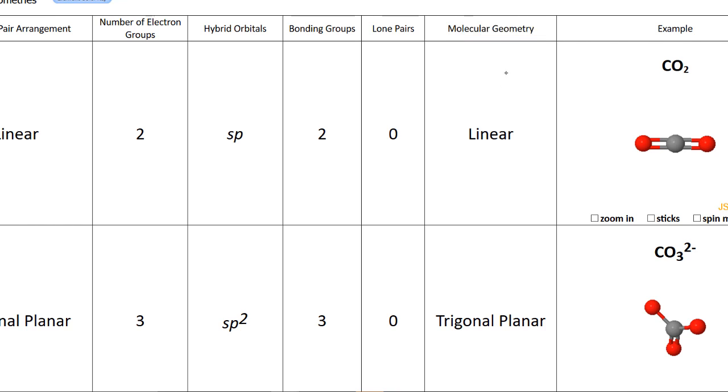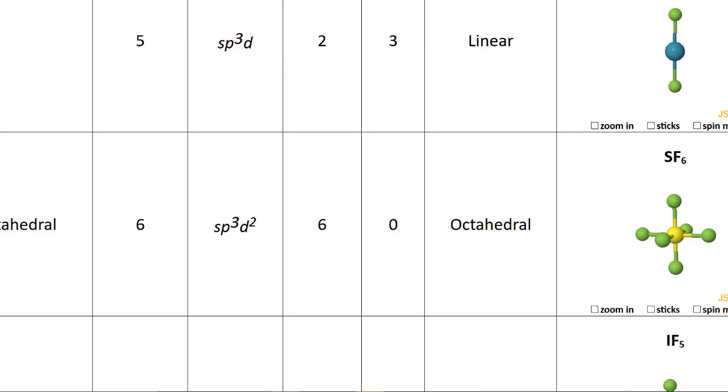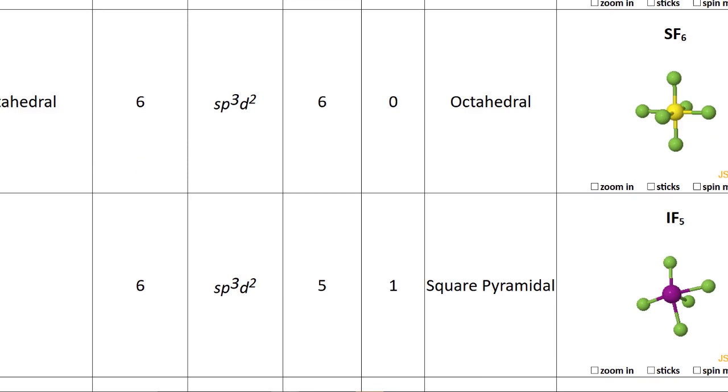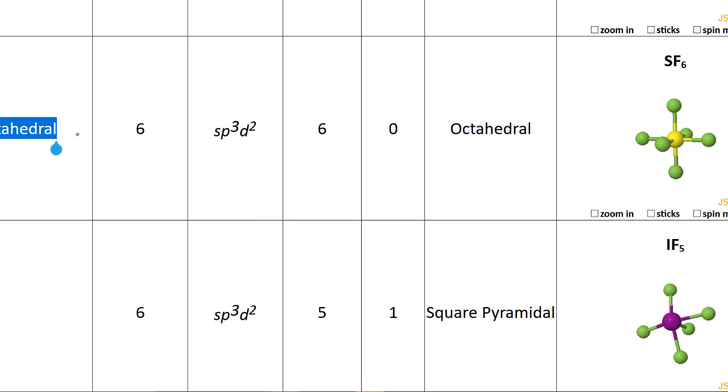But what you need to know now is what is the electron pair arrangement, and how that corresponds to the number of groups. We've talked about bonding groups and lone pairs and molecular geometry, and we've given some examples. So if we look at the ones that we just looked at here today, we had xenon tetrafluoride, which has an octahedral arrangement for the electrons.